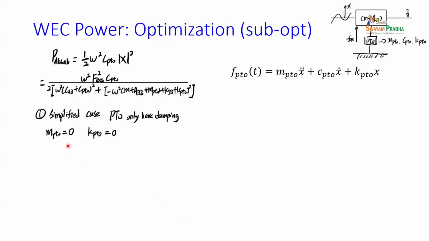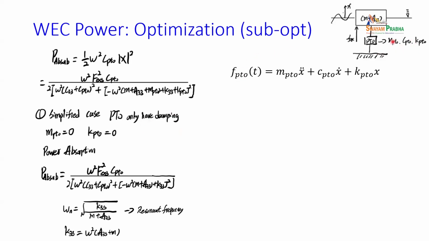You may have power electronics plus an inverter plus the grid, and that also has an input impedance to this system, or output impedance to this system. Anyway, let us say the suboptimal system. What's the best damping here? Let us simplify this expression. Here, you have M PTO as 0, right? And K PTO is 0.